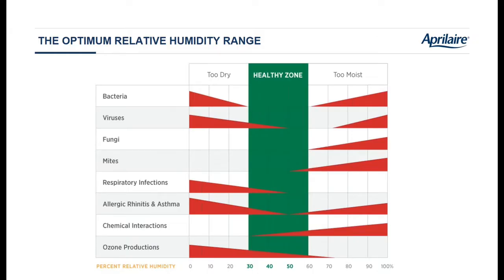I want to stress that maybe is 48%. That's a good target. That's going to address the mold and mildew, the fungi. That's going to address the dust mites. I strongly encourage you to stick with those numbers, below 60% or just below 50%.